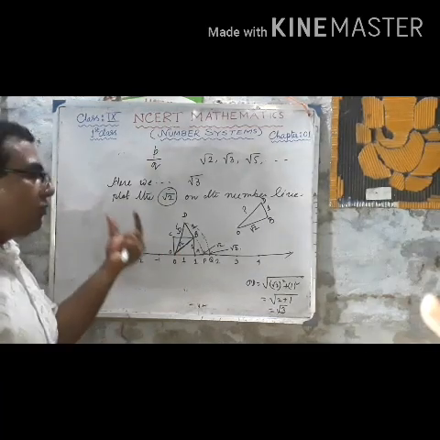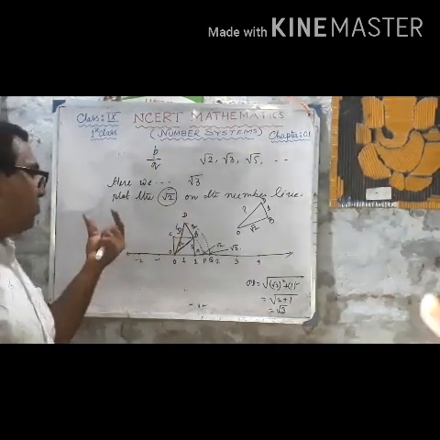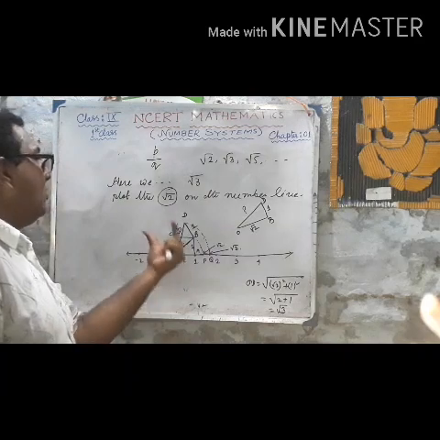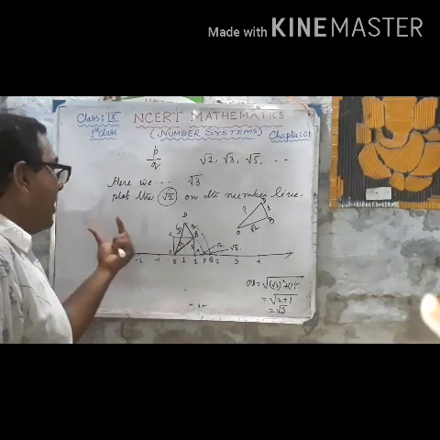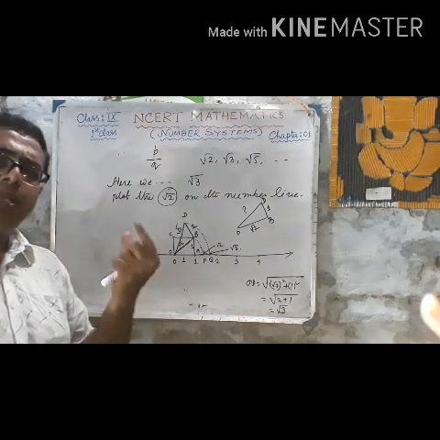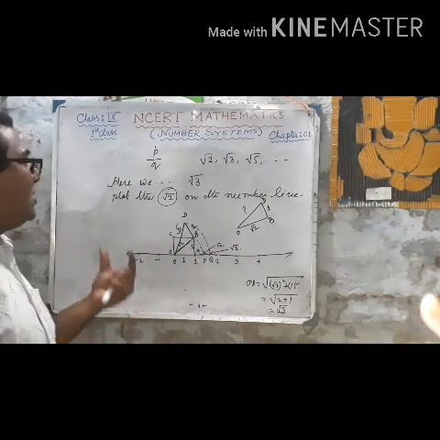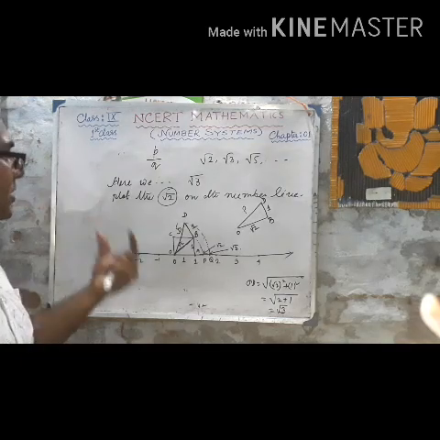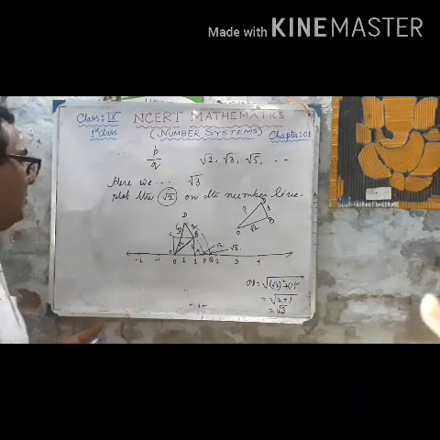That is how we plot irrational numbers on the number line: root 2, root 3, then root 5, root 7, and so on. Many types of questions can be asked to plot irrational numbers like root 3 and root 5.